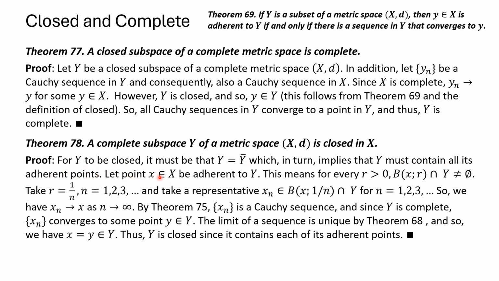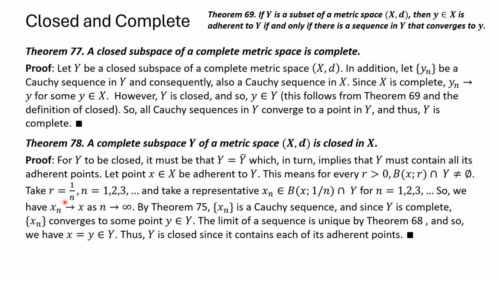So let's take any point x in X that's adherent to Y and show that x is an element of Y, and then that'll effectively show that Y is closed. So this means for every r greater than 0, by definition of adherent, there is an open ball about x, of radius r, that intersects Y, and it's not empty, so there's some element in this intersection.